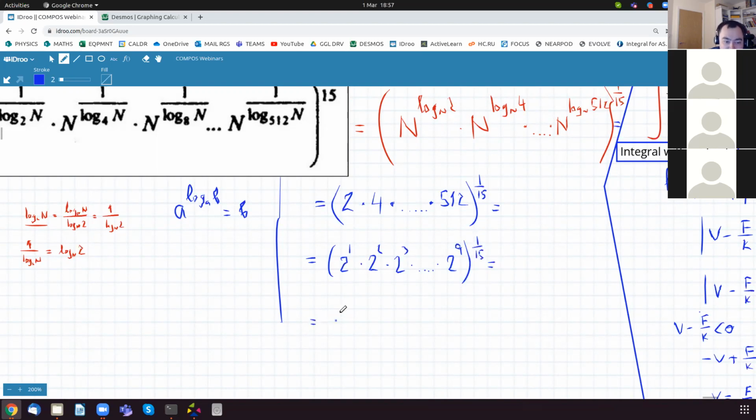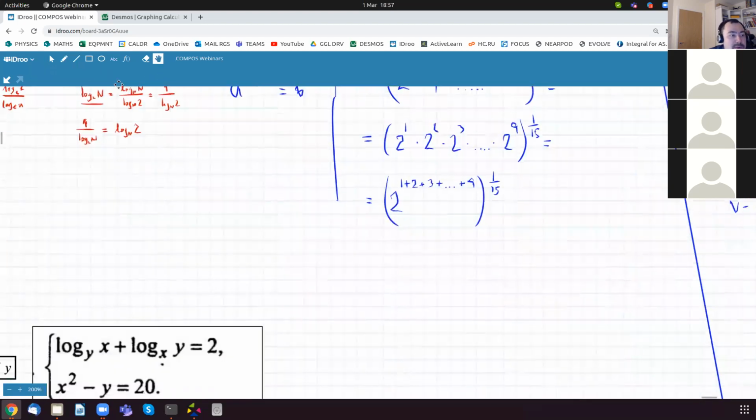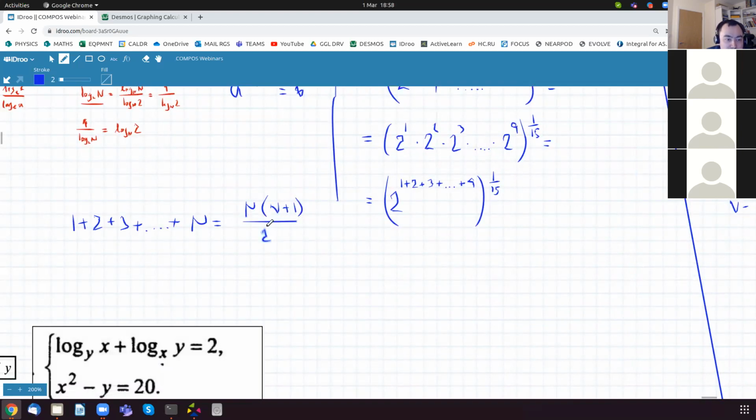Which is going to be 2 to the power of 1 plus 2 plus 3 plus up to 9, all to the power of 1/15. And then we remember the formula for the sum of the first n integers. So 1 plus 2 plus 3 plus etc. plus n is going to be n times n plus 1 over 2.